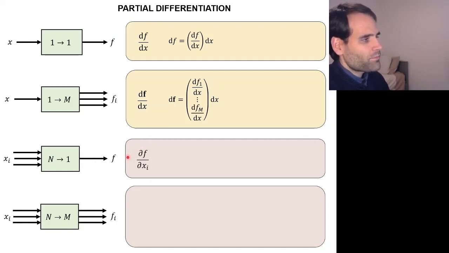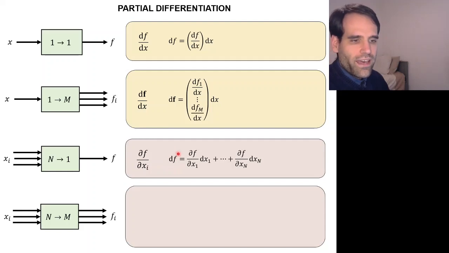Then in this chapter we started looking at partial derivatives in a function that converts n input variables into one output, and you saw the partial derivative of f with respect to each of the input variables, and you could define the total differential df as this equation: partial of f with respect to x1 times dx1 plus ... plus partial of f with respect to xn times dxn.